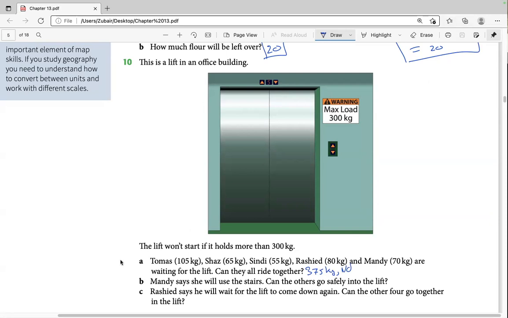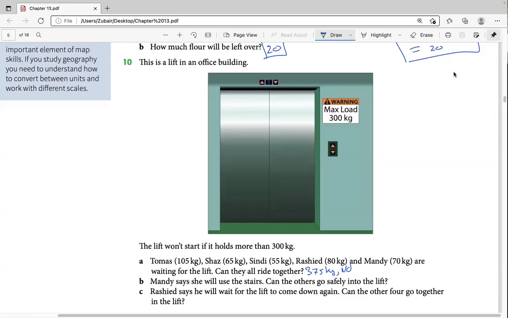Can we just write no, or do we have to also show 375? Is that part of working? That is part of the working, because how do you reach this no? The examiner already knows the working, he needs to make sure you know it.